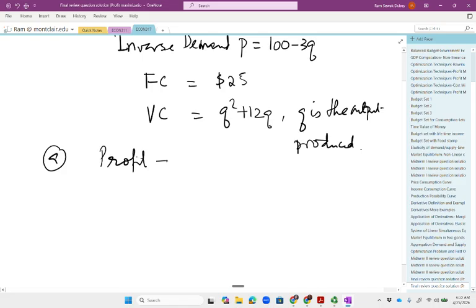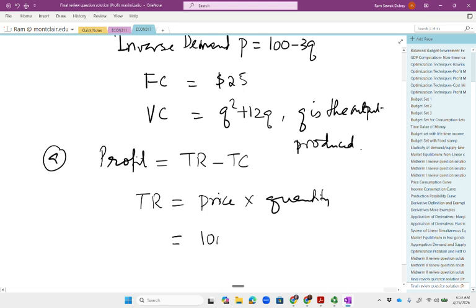So as we know, profit is total revenue minus total cost, and total revenue is price multiplied by quantity. Price this time is given as 100 minus 3Q, and I multiply it with quantity.